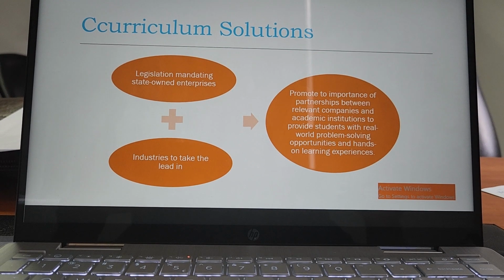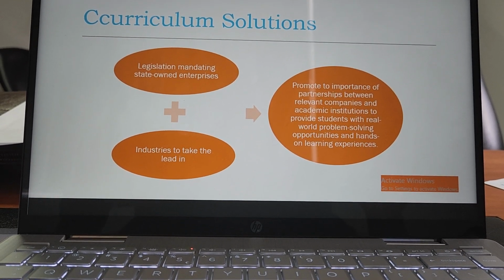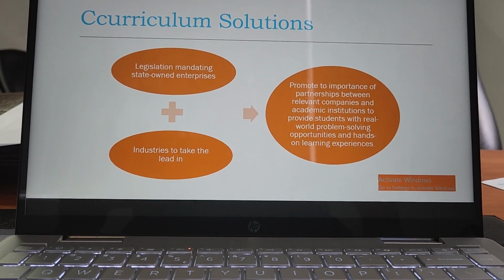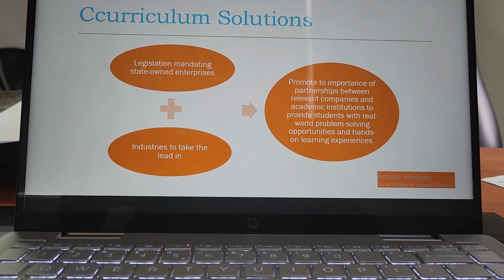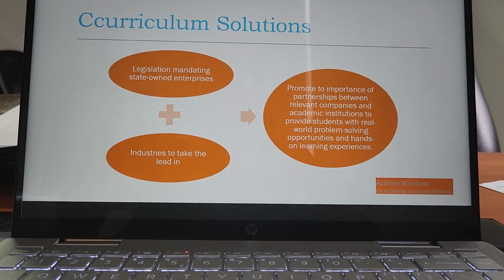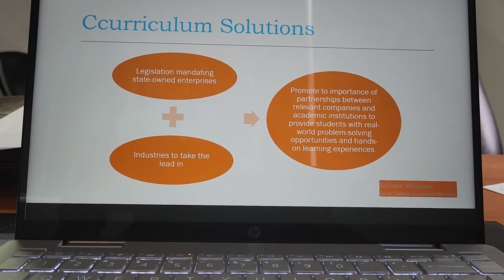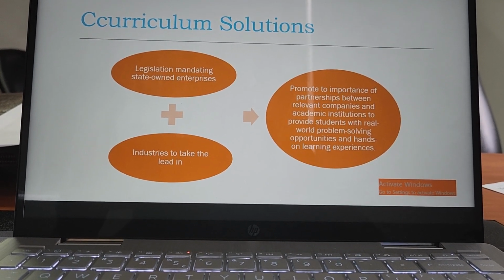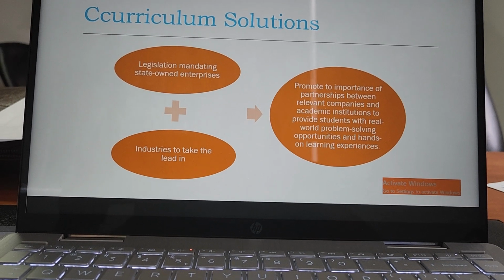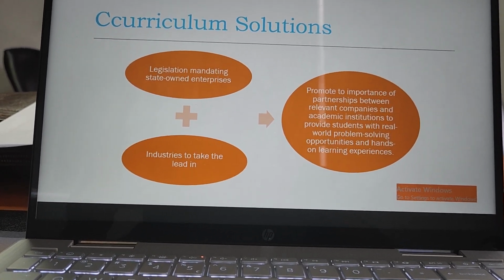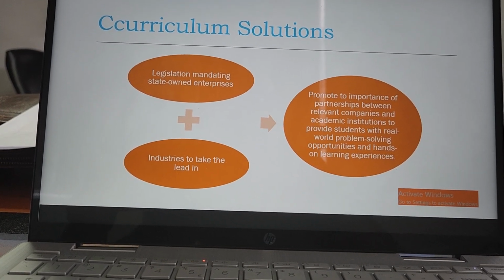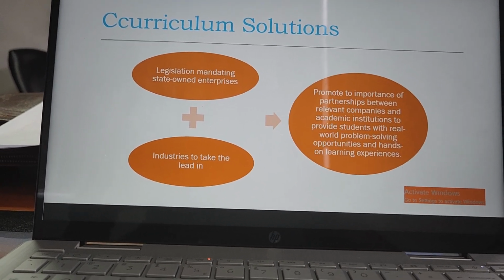Now, the curriculum solutions that I'm bringing forward are to counter and mediate the challenges that we have. I'm saying that perhaps if government can legislate and mandate state-owned enterprises to take TVET college learners, that can solve our biggest problem, because TVET colleges are institutions owned by government.